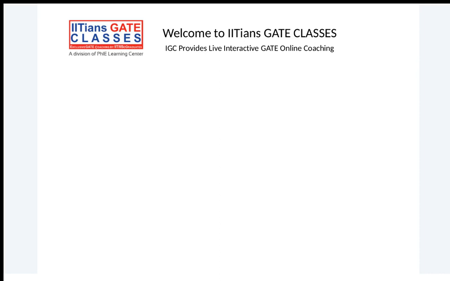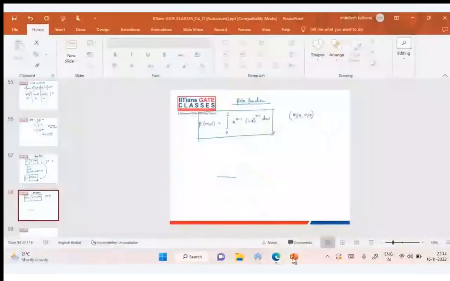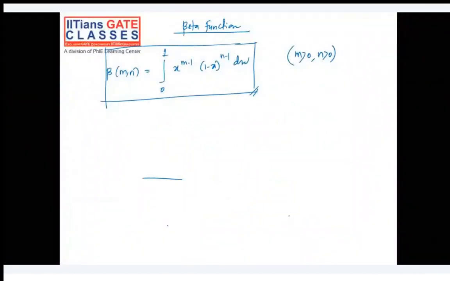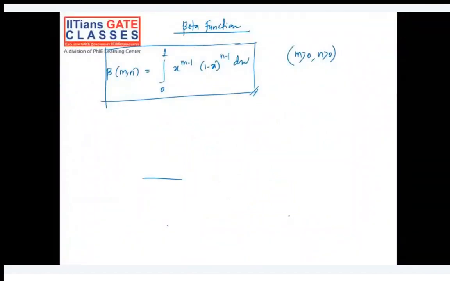I will repeat the definition. Beta function definition is beta m comma n is equal to integration 0 to 1 x raised to power m minus 1, 1 minus x raised to power n minus 1 dx.